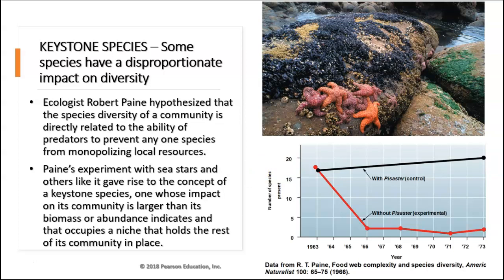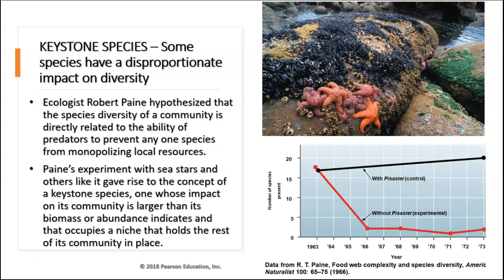This was first proposed by ecologist Robert Paine, and he looked at a particular ecosystem where there were starfish and mussels and so forth in a particular coastal area. And he removed most of the starfish from one particular cove.